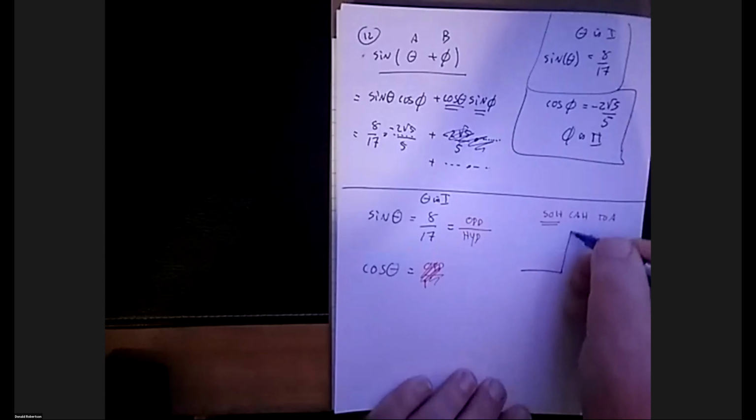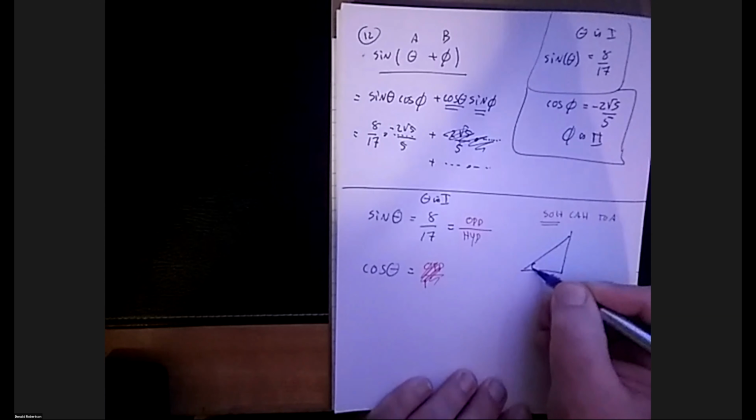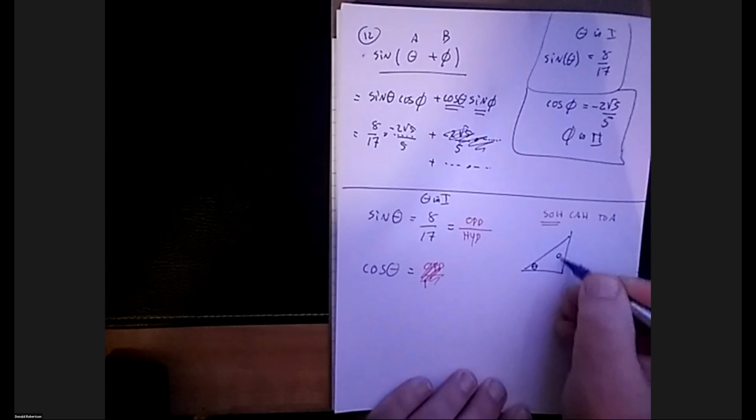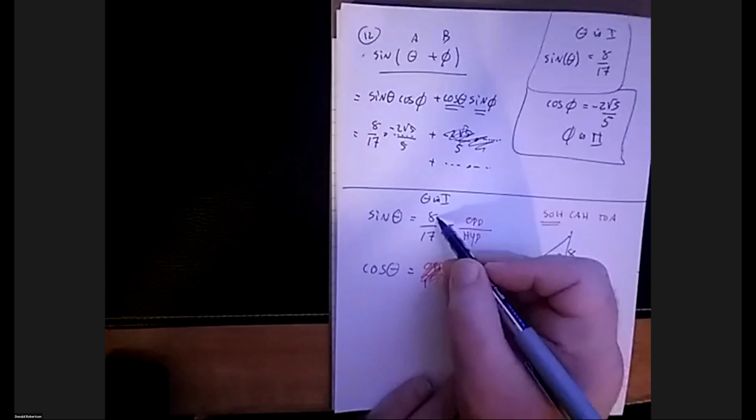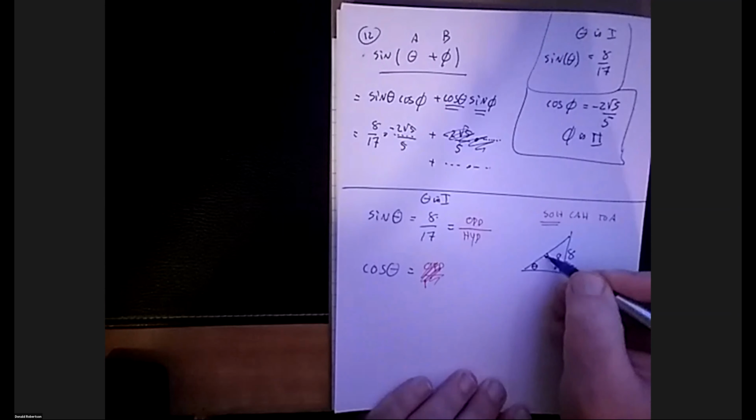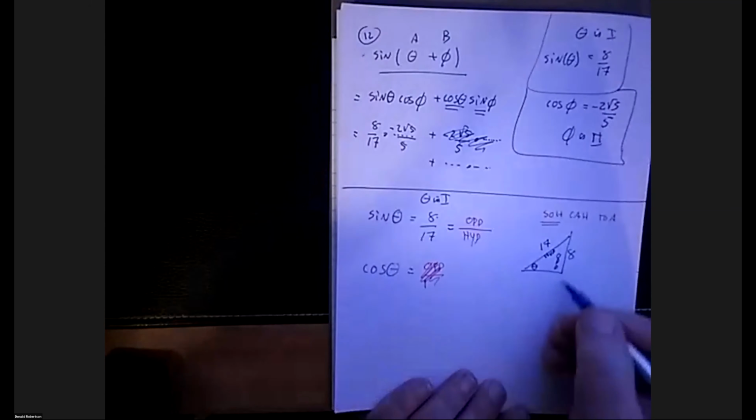Now if I draw a little right angled triangle and I'll make this theta, then this guy here is opposite, and he's 8, because the top is 8. And this fellow over here is the hypotenuse, so he's 17.